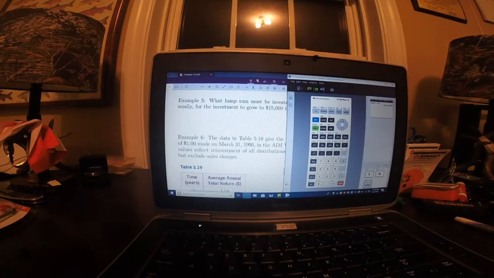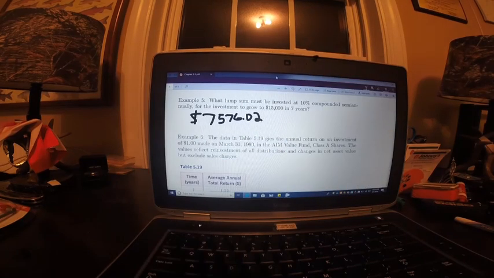What lump sum must be invested? You should invest $7,576.02 in order for it to grow to $15,000 in 7 years when it is compounded semi-annually.